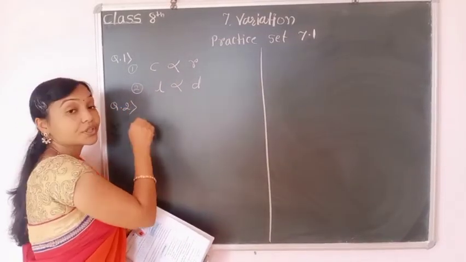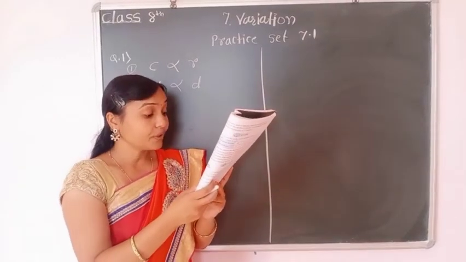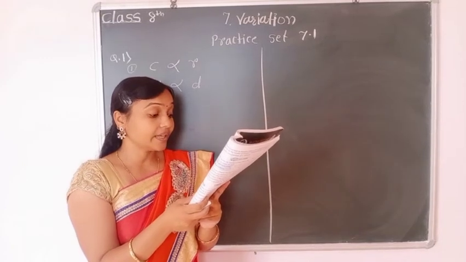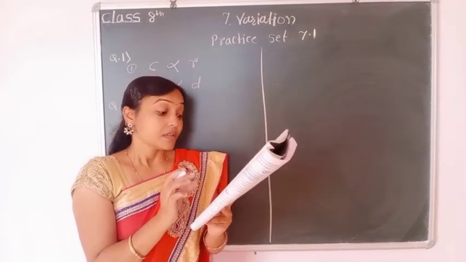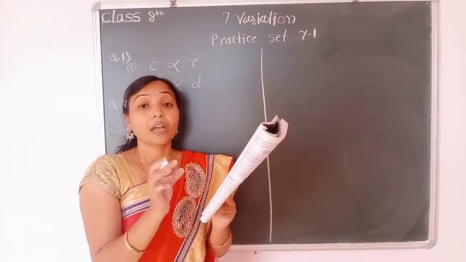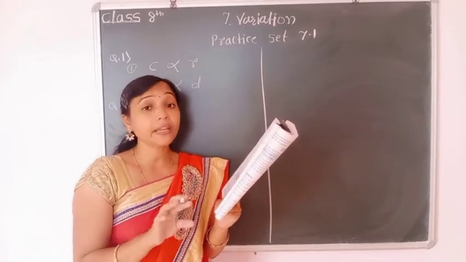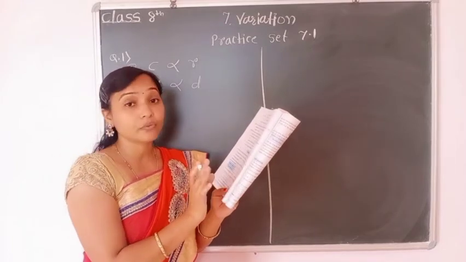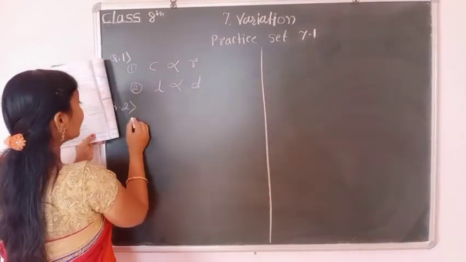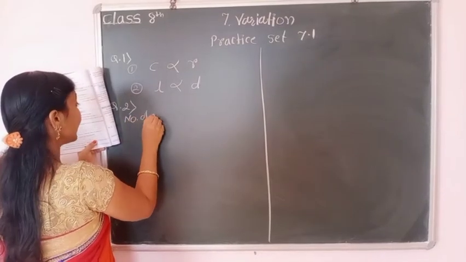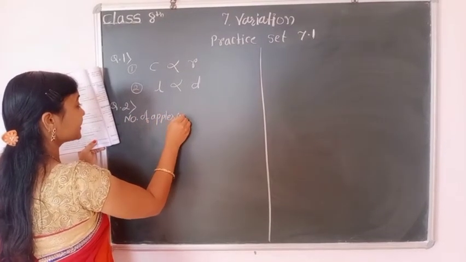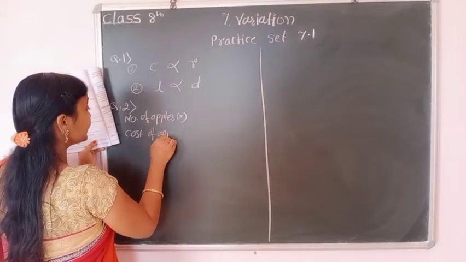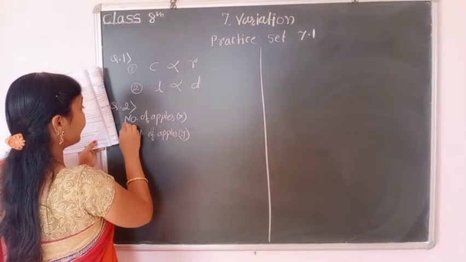Now we see question number 2. Complete the following table considering that the cost of apples and their number are in direct variation. They already said the example is direct variation, so we only have to find the values of those quantities. The first quantity is the number of apples, x, and the other is the cost of apples, y.